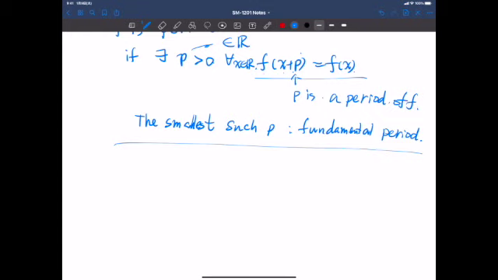And so, as we already know, cosine and sine have the fundamental period of 2 pi. Okay, and another example. Maybe you already know that tangent x is defined as the ratio between sine x and cosine x.